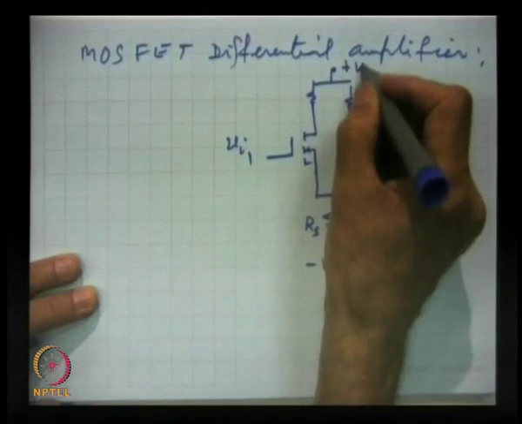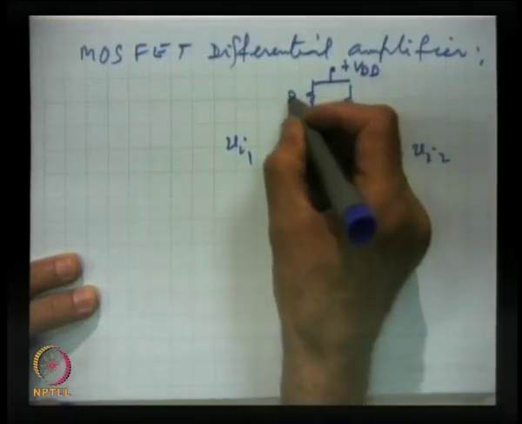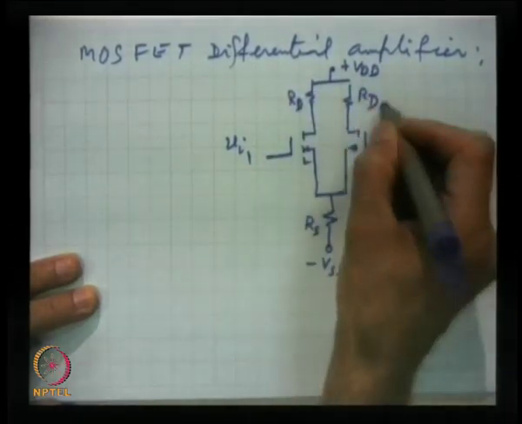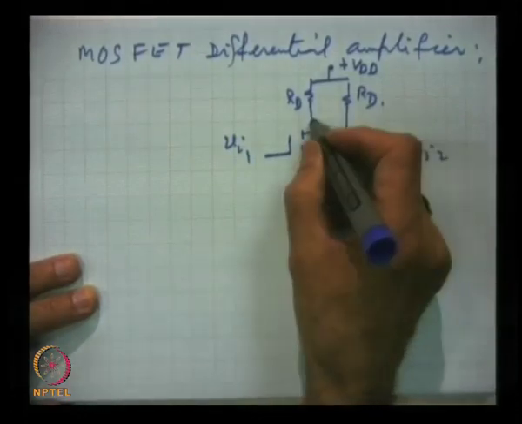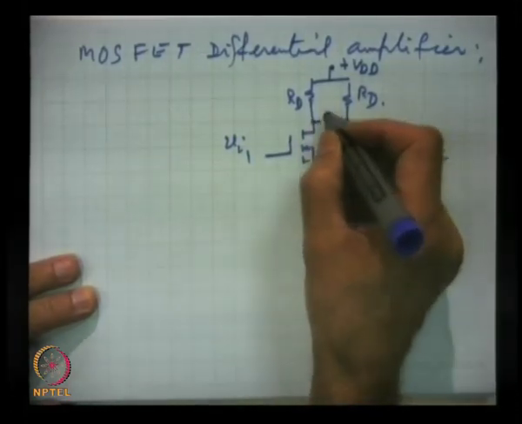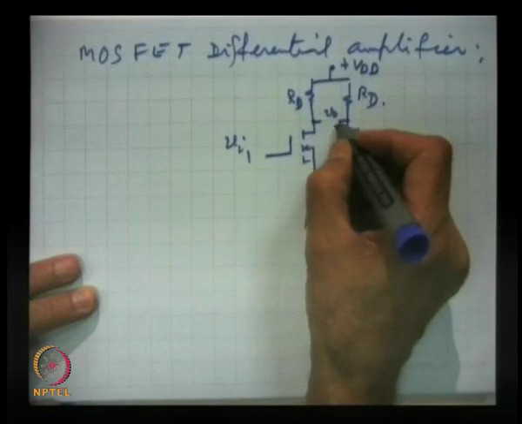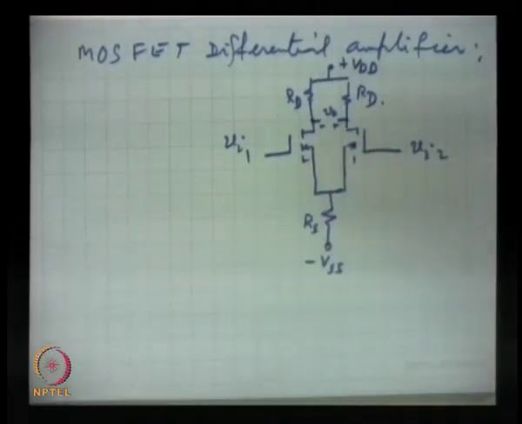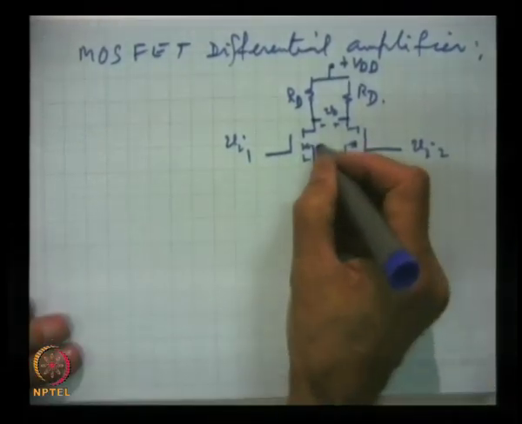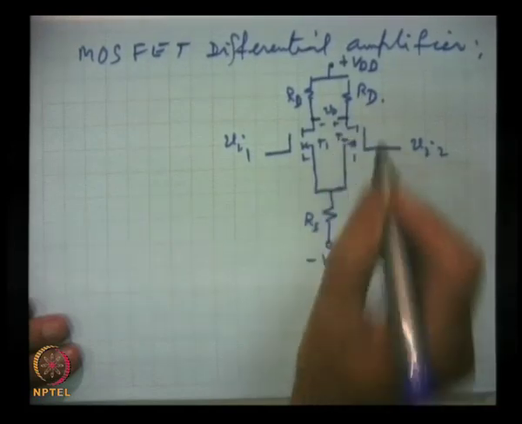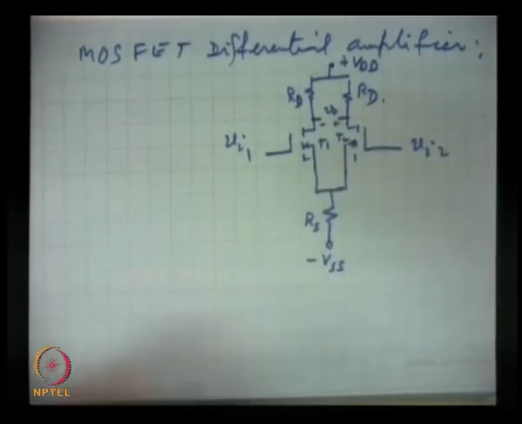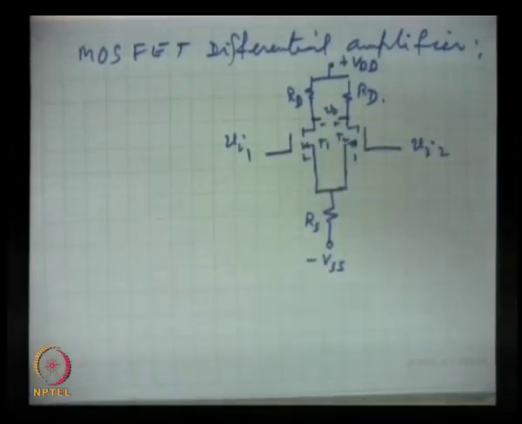This is VDD, this is RD drain resistance, and the output can be taken from 2 drains. This is V0. So, these are the 2 MOSFETs T1 and T2, and they can also form a differential amplifier.